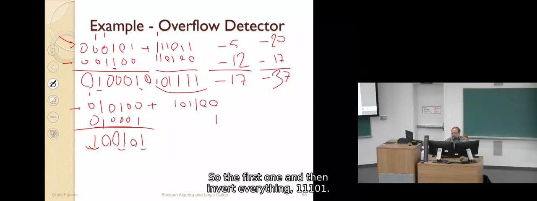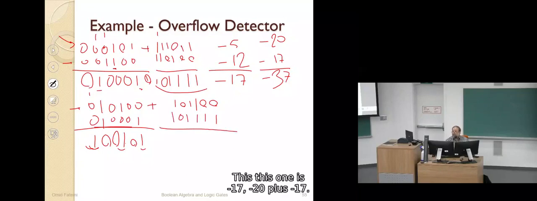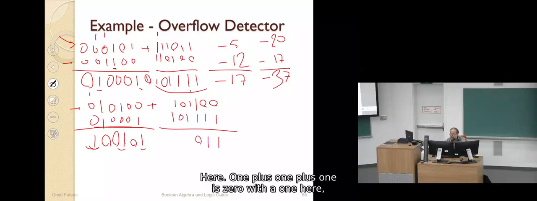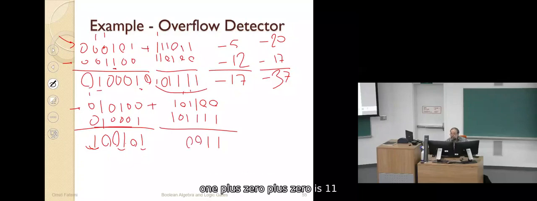So the first one, and then invert everything. 1, 1, 1, 0, 1. And this one is minus 17. Minus 20 plus minus 17. The result would be 1 plus 0 is 1, 1 plus 0 is 1, 1 plus 1 is 0 with a 1 here, 1 plus 1 plus 1 is 0 with a 1 here, 1 plus 0 is 1, 1 plus 1 is 0 with a 1 here.